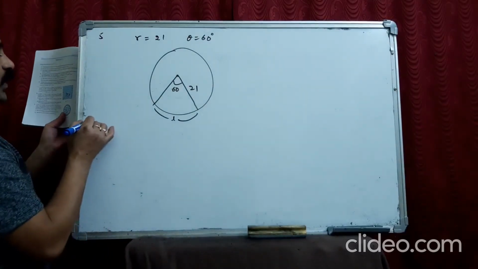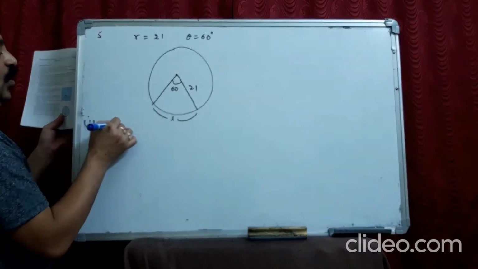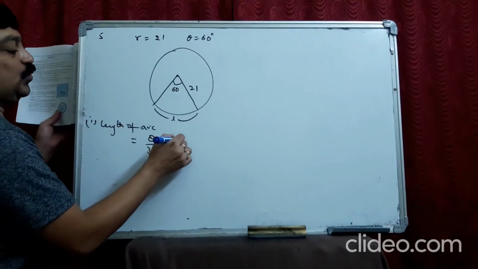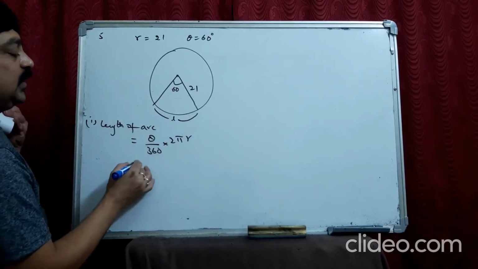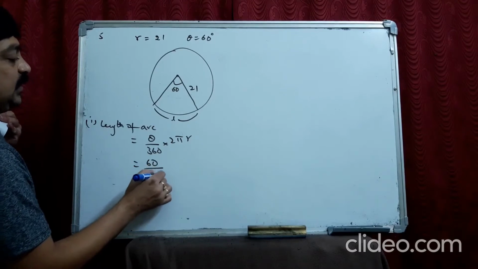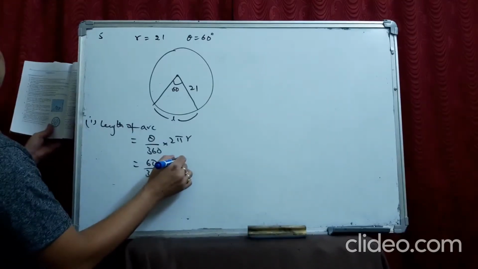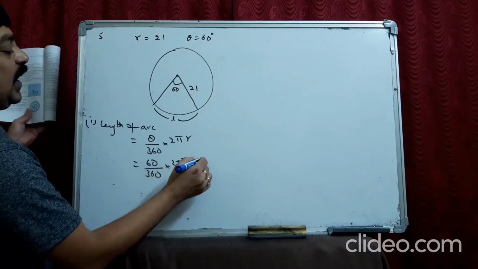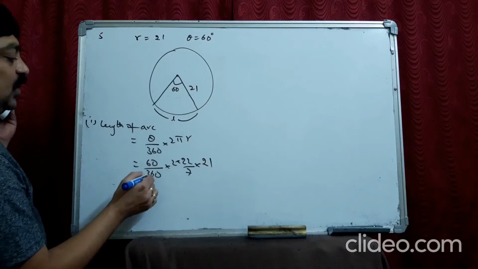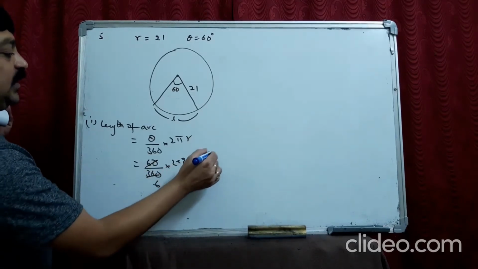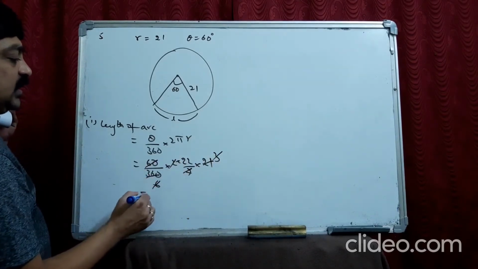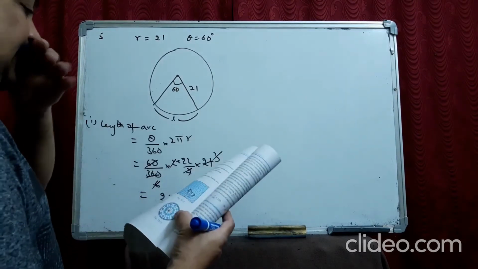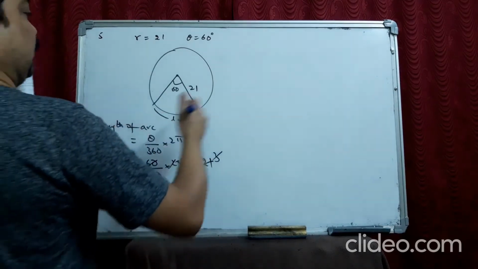Length of arc is equal to theta by 360 into 2 pi r. Theta is 60 by 360 into 2 into pi. Pi value is not given, so we take 22 by 7. R is 21. Now you can cancel this with 6, 7 3 times, 3 and 2 6, 6. It is 22 centimeters.